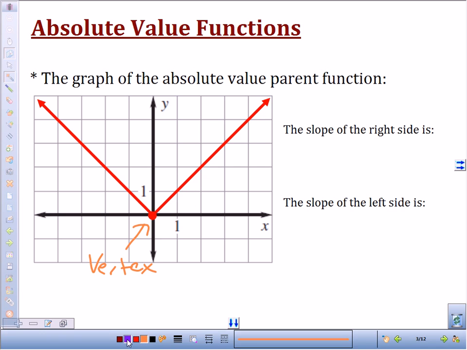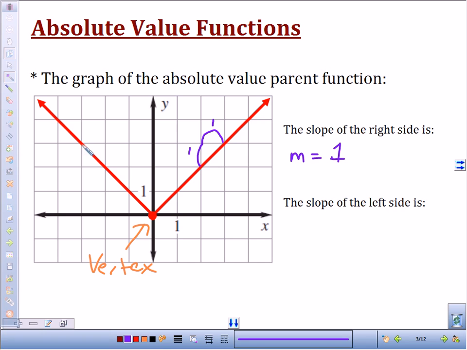If we were to look at the slope of each of these lines individually, we would see that this line moves up 1 and over 1, which means that the slope of the right side, the right line of the parent function, is 1. And that is m. m equals 1.